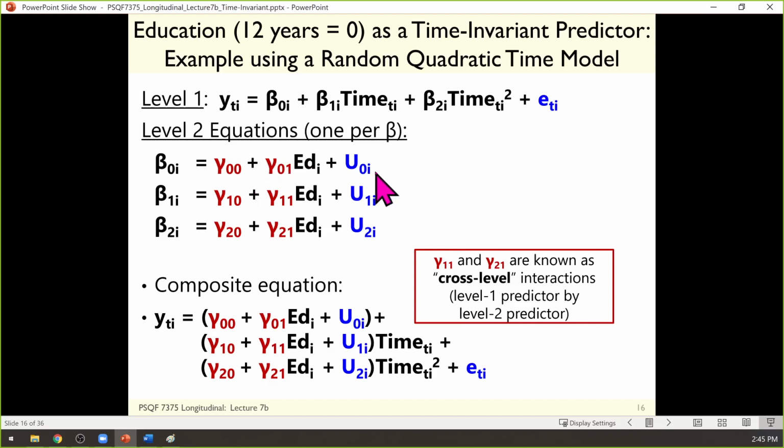This same equation that we're piecing through right now can be represented by the stuff in parentheses being each of the betas. So we have the fixed intercept, the main effect of education, the random intercept, then all three of these things each multiplied by time. So gamma 11 here in the middle is actually education by time in your syntax. That's how you get it. The effect of education on the linear slope is what gamma 11 is.